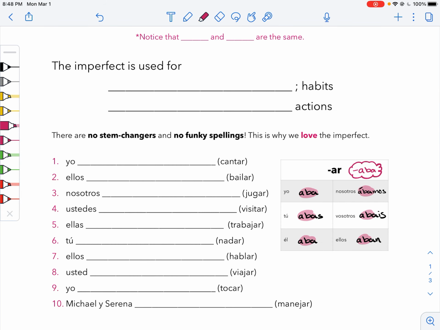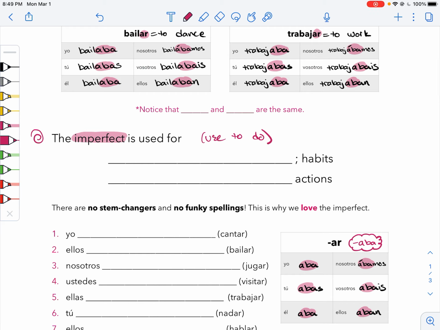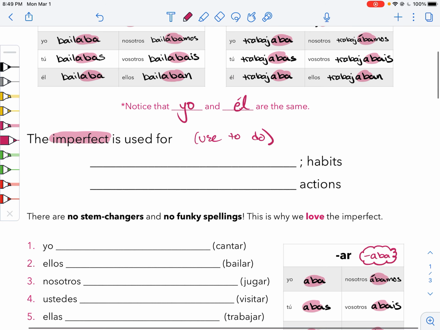So the imperfect tense is a past tense. It's not the preterite tense. The imperfect is for things you used to do. Things that you used to do a long time ago. Also in your conjugations, notice that the yo and the él forms have the same conjugations. So you need to specify yo trabajaba or él trabajaba when you talk about that. Anyway, you use the imperfect for three main things.